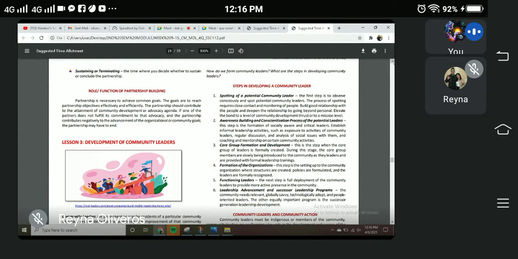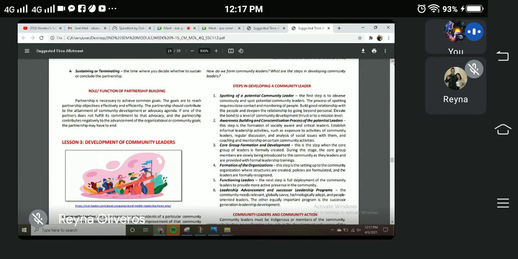Next one naman is the formation of organization. This step is the setting up of the community organization where structures are created. It is where the policies are formulated and the leaders are formally recognized. Like the barangay captain, diba? The mayor, diba? In a community, diba?